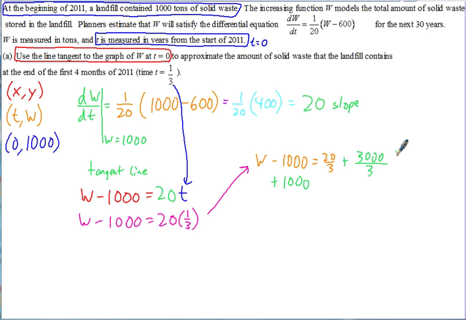So we get w equals 3,020/3. And in this case, w, the units for it, is measured in tons of solid waste here. So that's our estimate from part A.